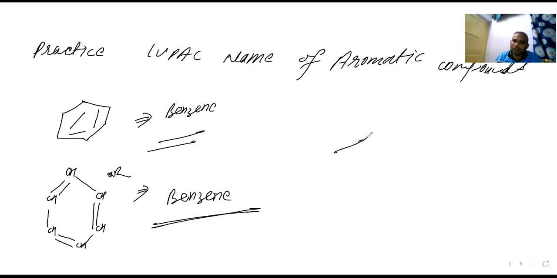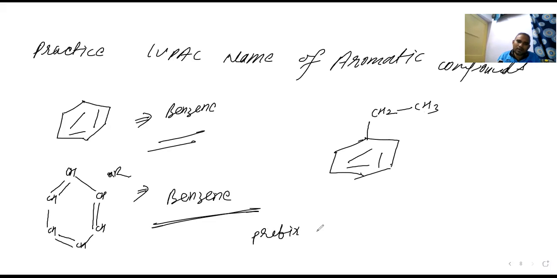Now, let us try to write down the name. What can be the name of this compound? This is benzene with CH2 and CH3. We write the prefix and then the word root.